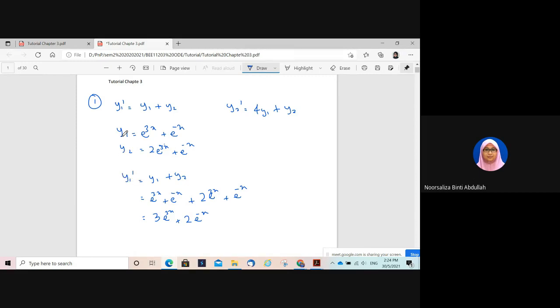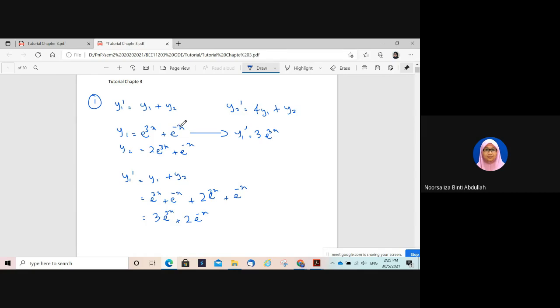You replace Y1 and Y2 inside this equation, and then you have to compare this one with this one. Y1 prime: you differentiate this Y1. Once you differentiate this Y1, what you get is exponent 3x, you differentiate, you will get 3 exponent 3x.